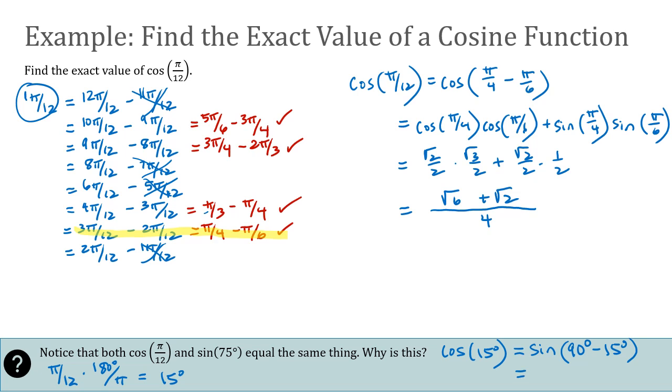Well, 90 degrees minus 15 degrees is 75 degrees. So the reason why those two answers are the same is because the cosine of pi over 12 and the sine of 75 degrees are cofunctions. And we know that cofunctions are equal, so therefore we would expect their exact values to also be equal.